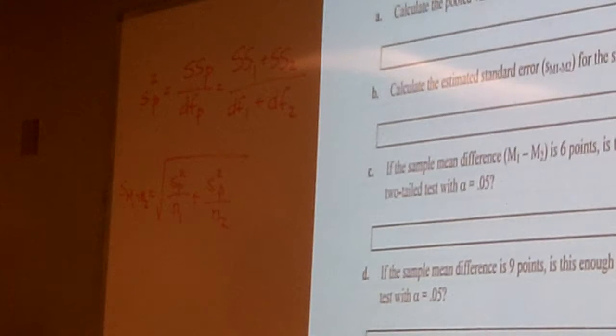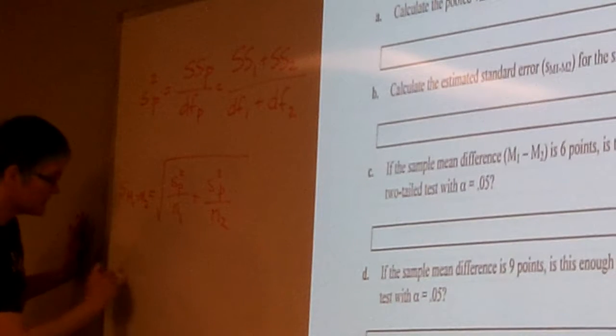Now, if the sample mean difference, M1 minus M2, is 6 points, is this enough to reject the null hypothesis for a two-tailed test? Basically, in order to know if this is enough to reject the null hypothesis, we need two things that we don't have: T observed and T critical.